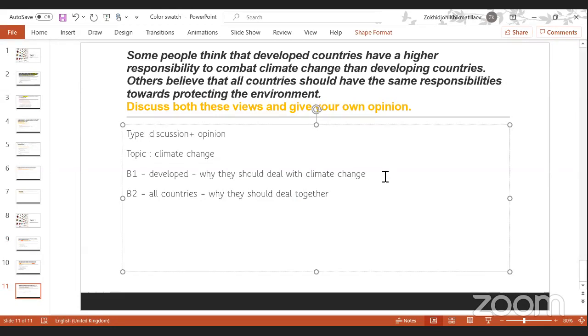Okay, now guys, can you give me your arguments for why only developed countries should deal with climate change? Because they are producing more. Yes, there are lots of cars there. Most of the factories.